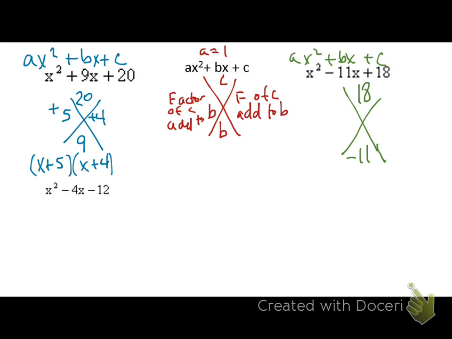Negative 9 and negative 2. Okay. Does a negative 9 plus a negative 2 give us a negative 11? Yes. And does a negative 9 times a negative 2 give us a positive 18? Yes. Okay, so let's put those into our two binomials. So then we would have x minus 9 times x minus 2.